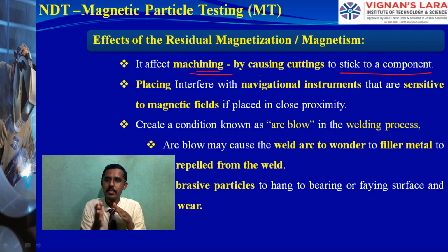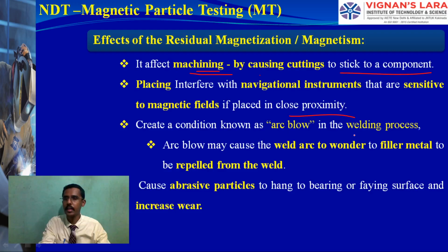Next one, you see, placing interface with navigational instruments that are sensitive to magnetic field if placed in close proximity. So that's the point I told about arc blow, it can create a condition known as arc blow in the welding process. What happens? The arc blow may cause the weld arc to fluctuate and wander around the filler metal, rippling the weld.